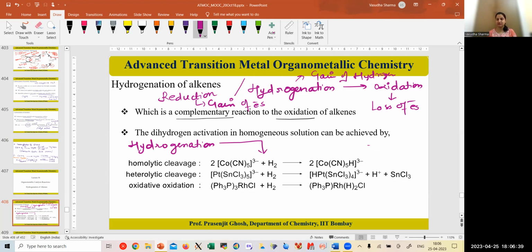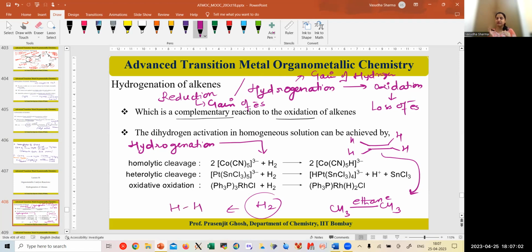If I take this alkene, ethylene, it has an unsaturation and can accommodate one hydrogen molecule at one time and give you the alkane, ethane. So if we are using H2, first of all this H-H bond has to be cleaved. It has to get activated. That's why we call it dihydrogen activation.